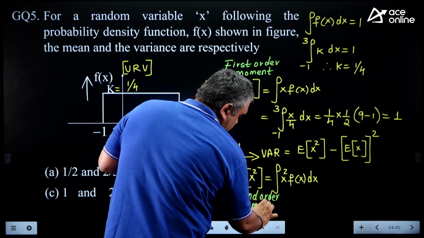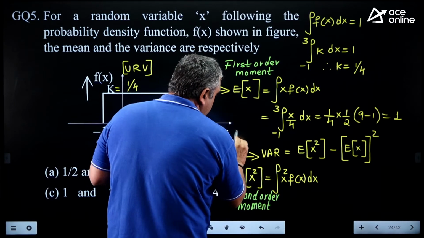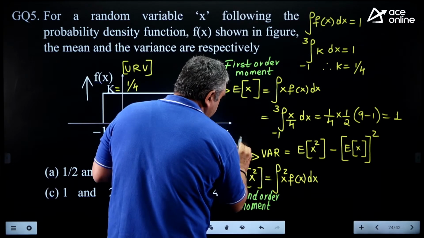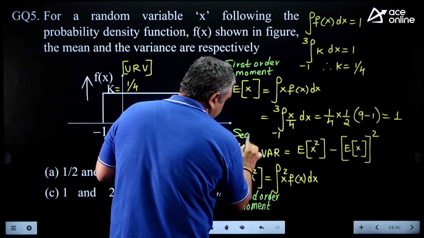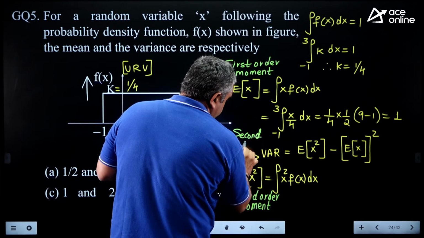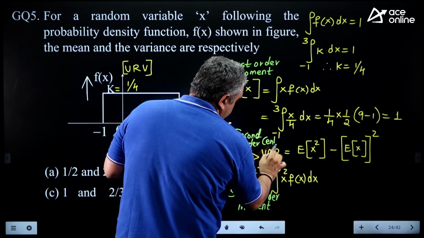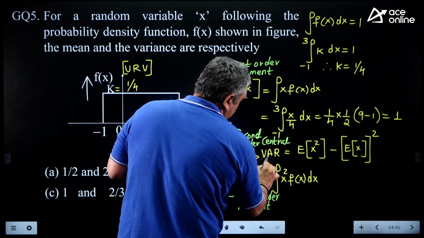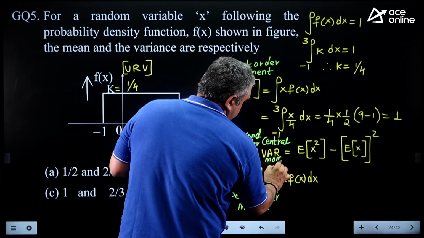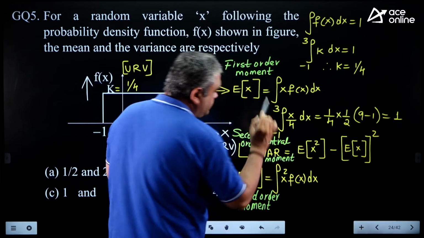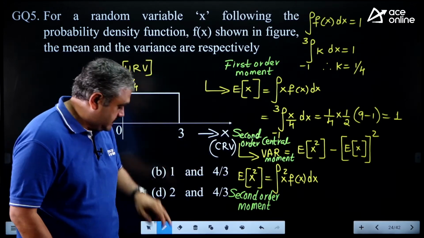And whenever you refer to variance, this is called the second order central moment. So these are different names, in terms of units, these are the names given.